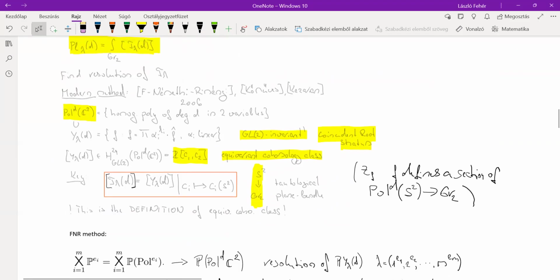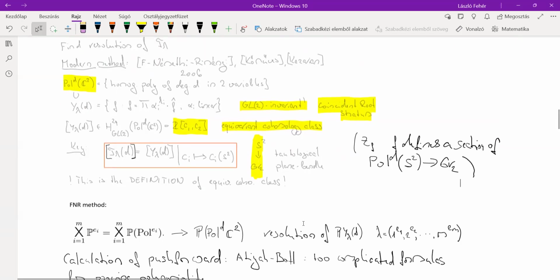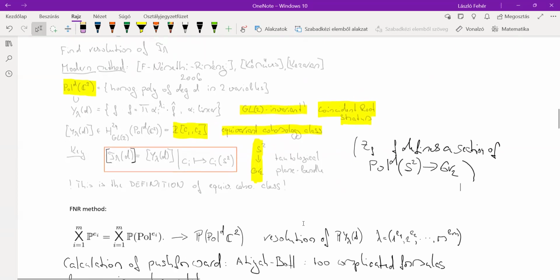We gave a resolution of the projectivization of Y_lambda by collecting the multiplicities and taking this product of projective spaces. This is very elegant. And if we have this resolution, then we can calculate the push forward by using the Atiyah–Bott integral theorem. It's very simple, but the answer is very complicated.